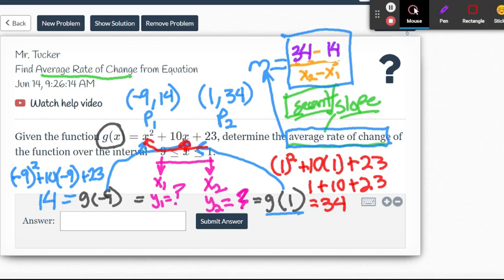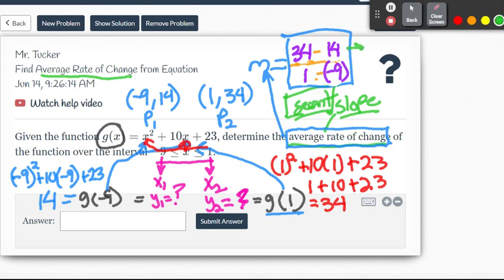And then I replace the x2 with 1. And then I plug in, finally, my x1 with -9. I'm going to put the parentheses around the -9 because I have to change that to be a plus. And then you work it out.